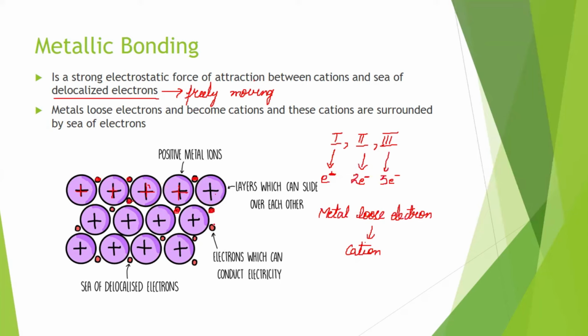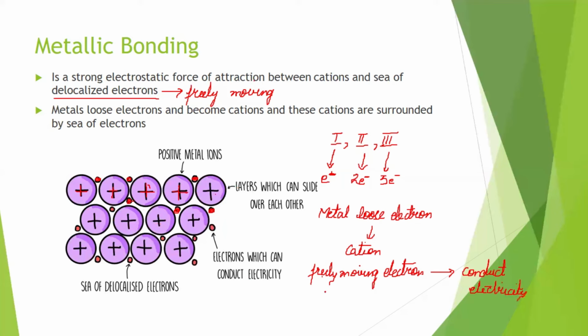As they are freely moving, we call them delocalized electrons. Because they are freely moving electrons, they would be able to conduct electricity.